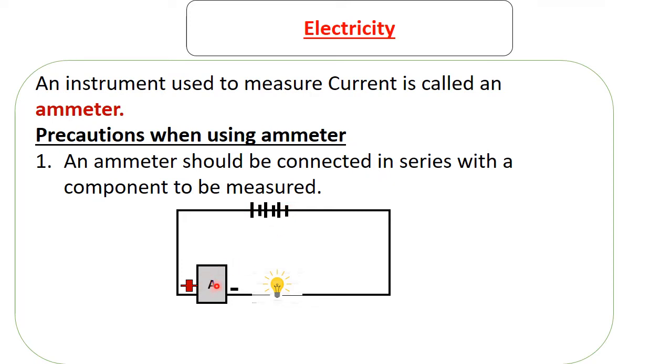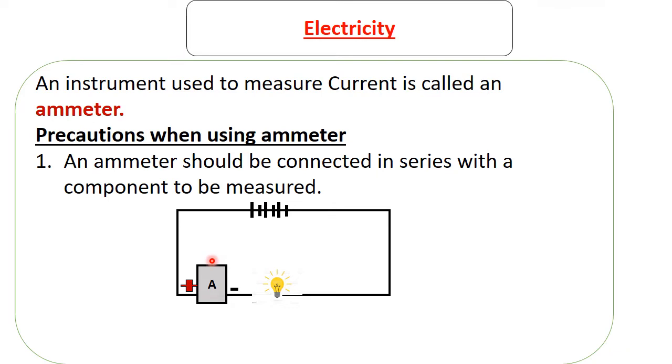The way to connect an ammeter is, you need to get a wire on your circuit, then you connect it to one side of the ammeter. Make sure that this wire goes to the negative of the battery, and you get another wire connected to the positive of the ammeter. Make sure that this wire goes to the positive of the battery.